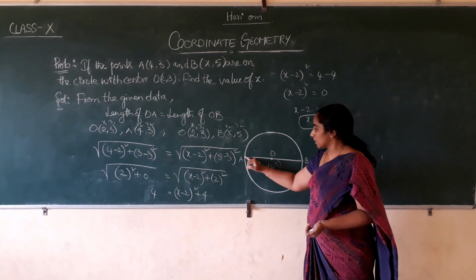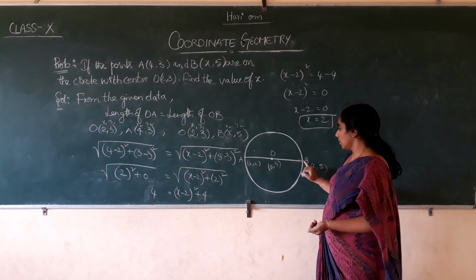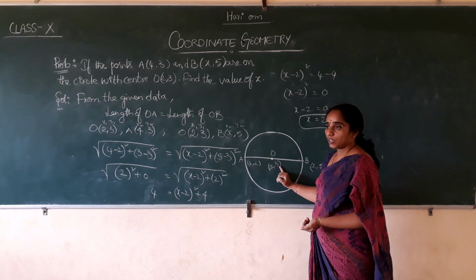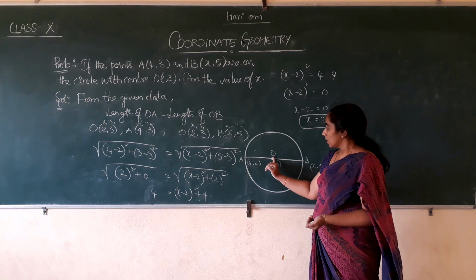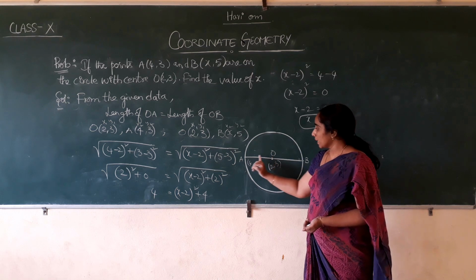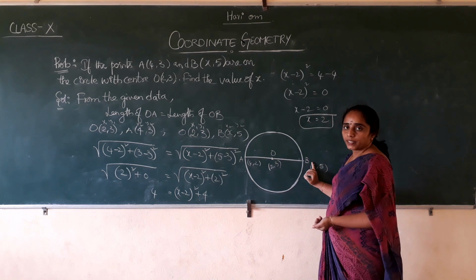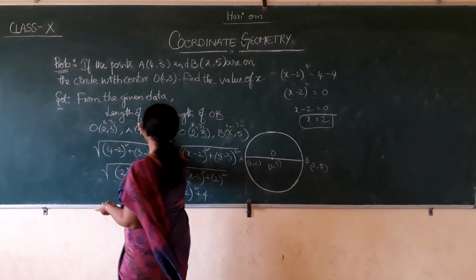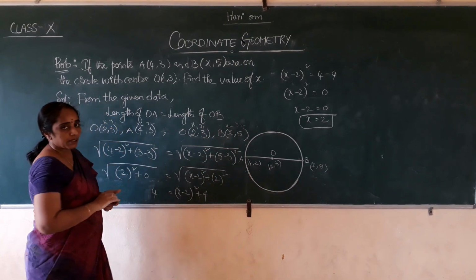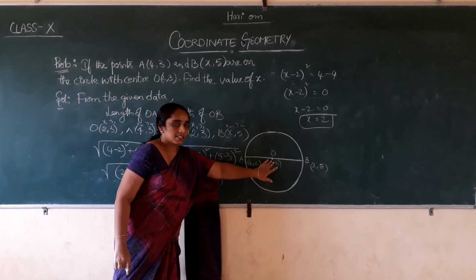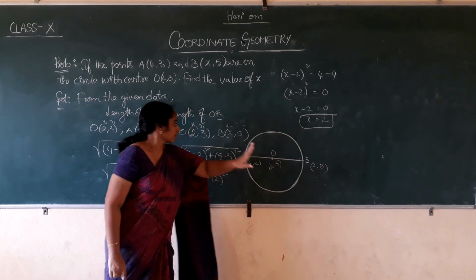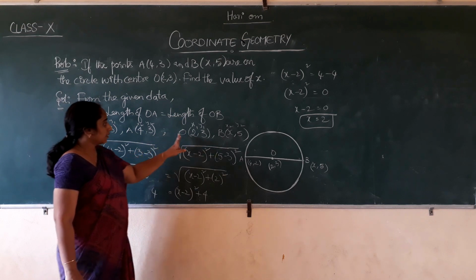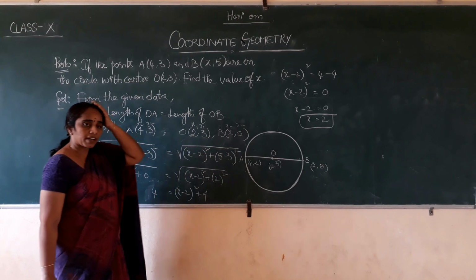So here this diameter is the length of AB, and its midpoint O is given as (2, 3). As you know from this figure, OA is equal to OB, so I have taken length of OA equal to length of OB, because O is the center of this circle. So O is (2, 3), A is (4, 3), and B is (x, 5).